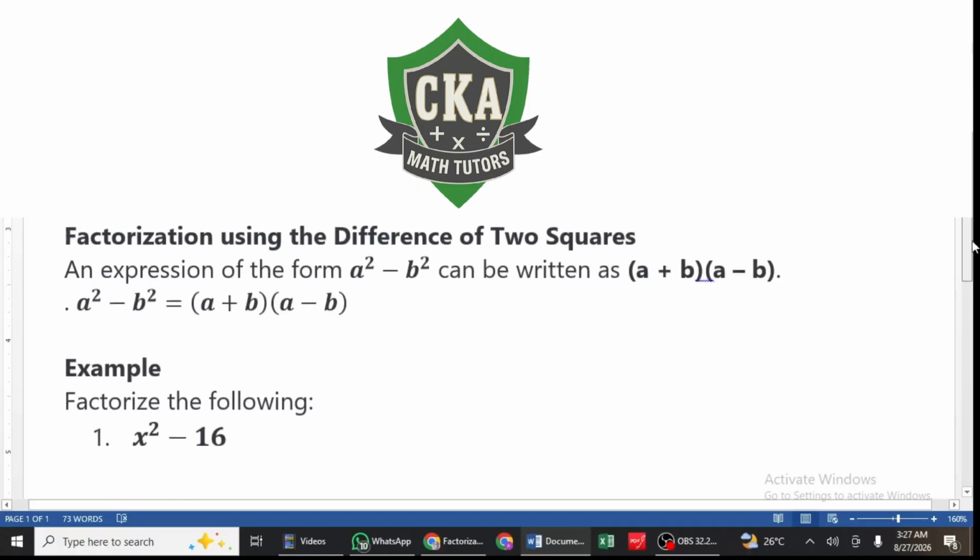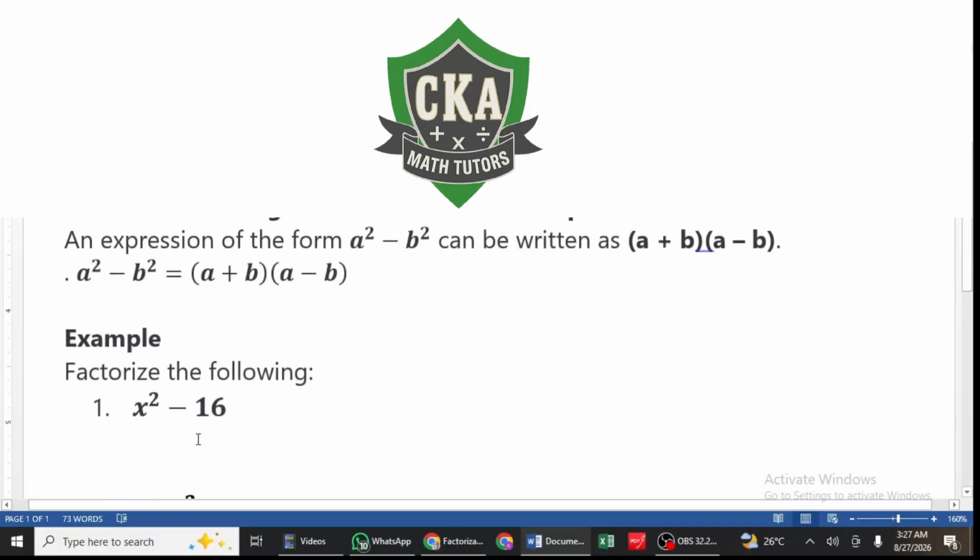Let us look at this example. Factorize the following. The first one is x squared minus 16.